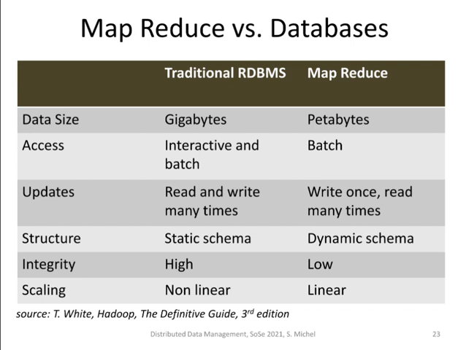We want to compute so-called batch jobs, long-running jobs that do some computation over multiple petabytes. And regarding updates, in MapReduce, data is given and you can analyze it multiple times, but you don't have updates, at least not the way it is designed.